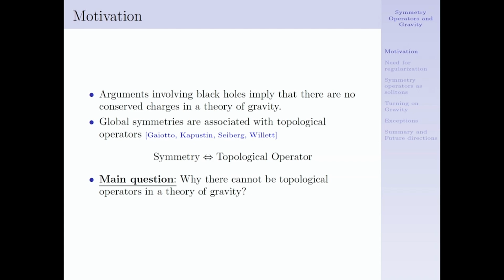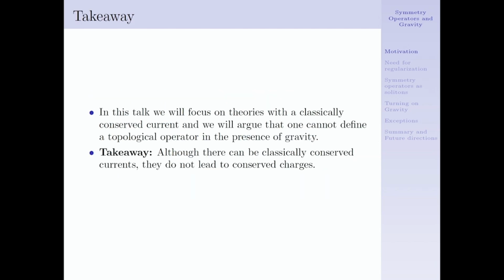To be a bit more precise, we're going to consider a QFT with a classically conserved current, and we're going to propose a mechanism that does not allow topological operators if we turn on gravity. I'm going to argue, and this is the main message of this talk, that even if there is a classically conserved current associated to a U1 symmetry, we still cannot define a topological operator in perturbative gravity around a flat background, and therefore we cannot have a conserved charge.